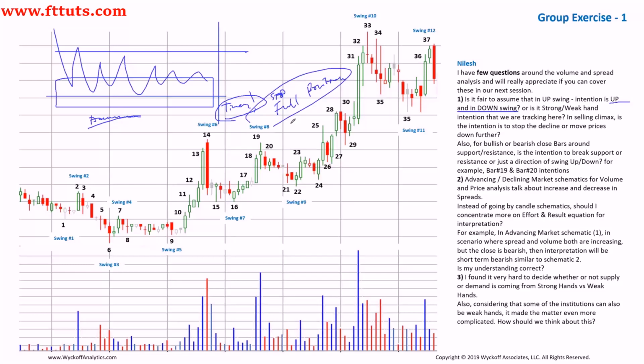Actually, I was just working today with one of the institutional clients of mine, a good friend, and we were discussing the risk parameters for the system that they're developing. And it's very interesting how institutions accumulate their position.